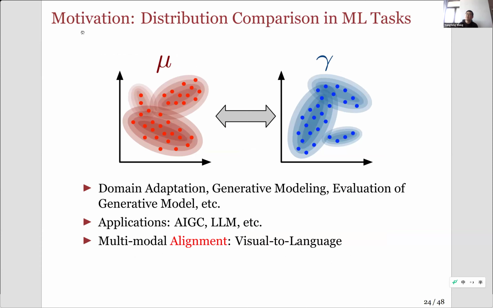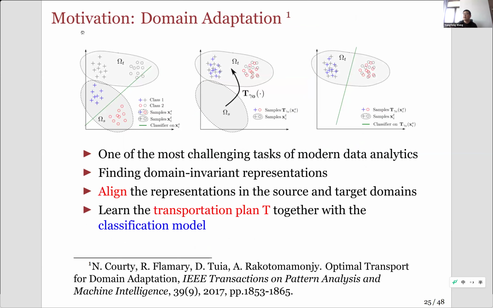And beyond this, the optimal transport is fundamental for comparing distributions in various crucial machine learning tasks. For example, the first one is domain adaptation, in this case aligning feature distributions from a source domain where the labels are available and a target domain where labels are not available.